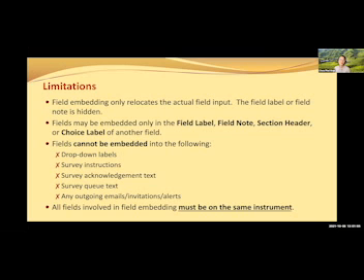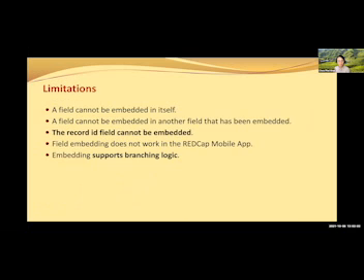All fields involved in field embedding must be on the same instrument. A field cannot be embedded in itself, or in another field that is already embedded. And the record ID field cannot be embedded because it's a special field.